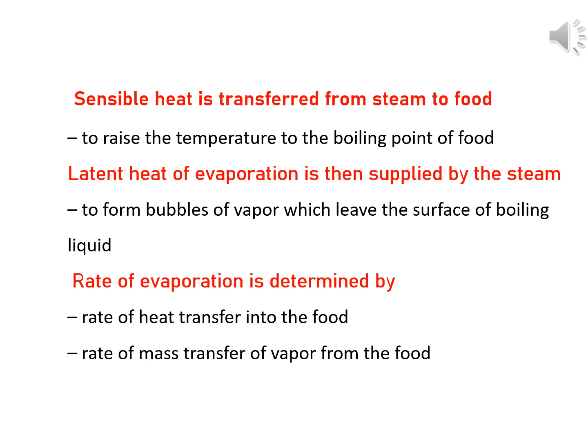The latent heat of evaporation is then supplied by the steam to form bubbles of vapor, which leave the surface of the boiling liquid. The rate of evaporation is determined by the rate of heat transfer into the food and the rate of mass transfer of vapor from the food.